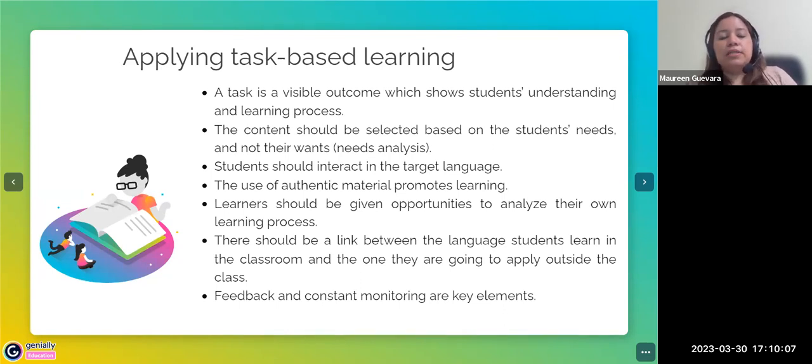And something important is that there should be a link between the language that the students are going to learn in the classroom and the one that they are going to use or apply outside the class. Because sometimes we focus more on the language itself, and when they go and talk outside the class, they are going to use another one.